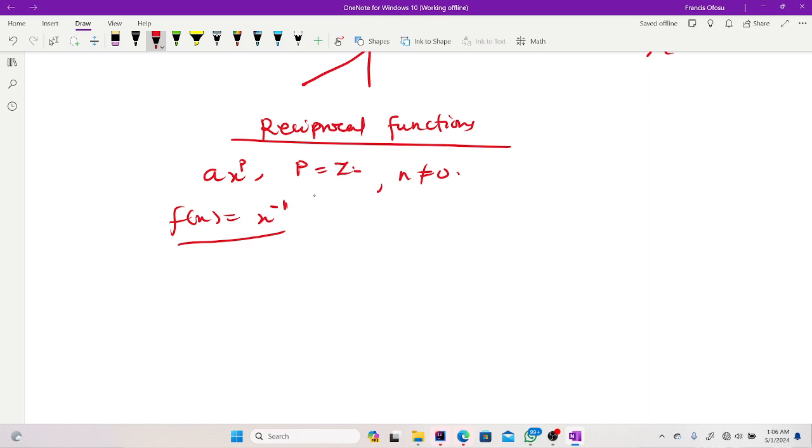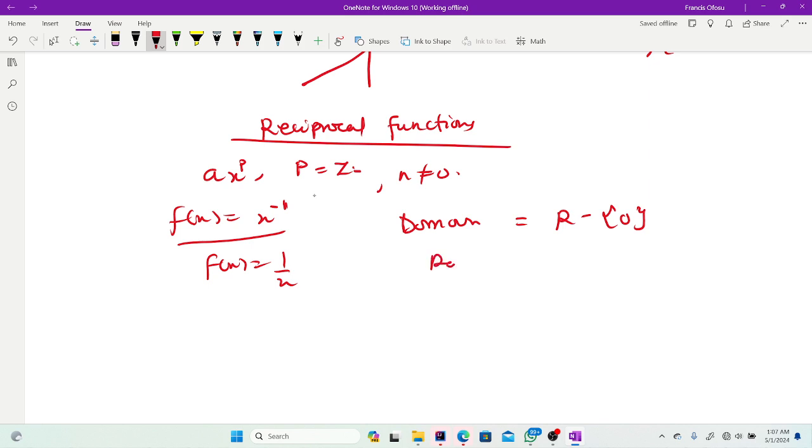So when I have f of x is equal to x to the power negative 1, how do I determine the domain of this reciprocal function? I can rewrite this as 1 over x. This function can take every input except 0, so the domain becomes R minus 0. This is a simplified form of the domain: the set of real numbers except 0.